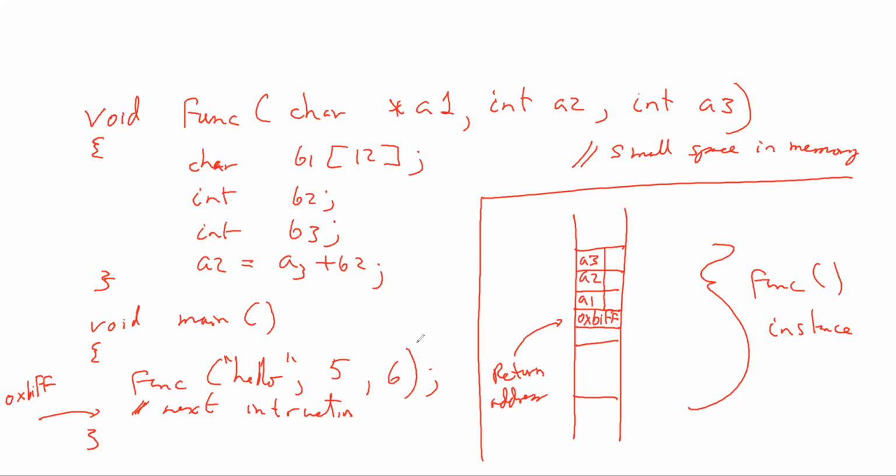So given that I have these values, I'm going to store them. So I'm going to say 6, 5. What do you think goes here in A1? Given this logic, what would you say goes there?